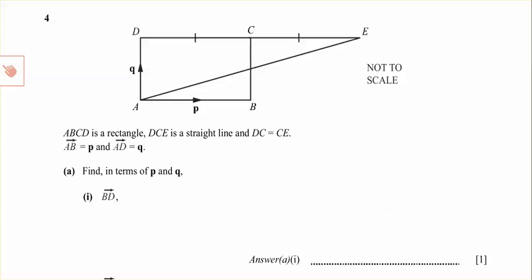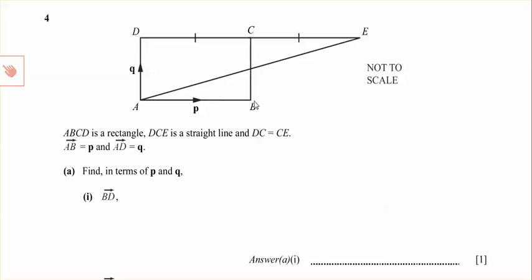Okay. So we've got 3 minutes. That's enough time. This one looks hard, is easy. Read the question. It says DCE is a straight line. DC is equal to CE. These are halfway points. Makes it nice and easy for you.